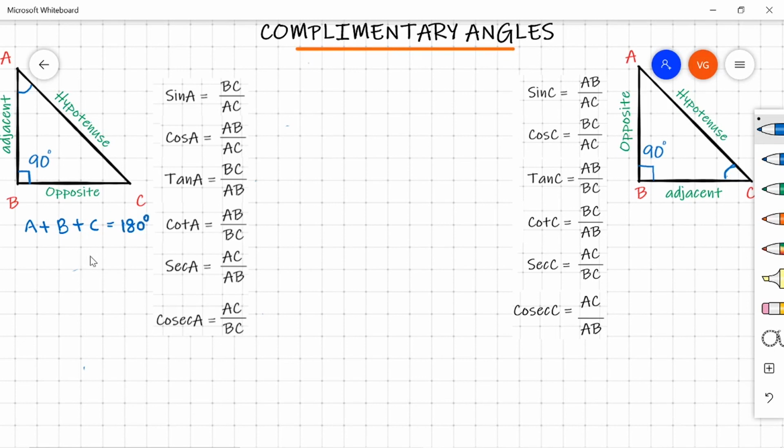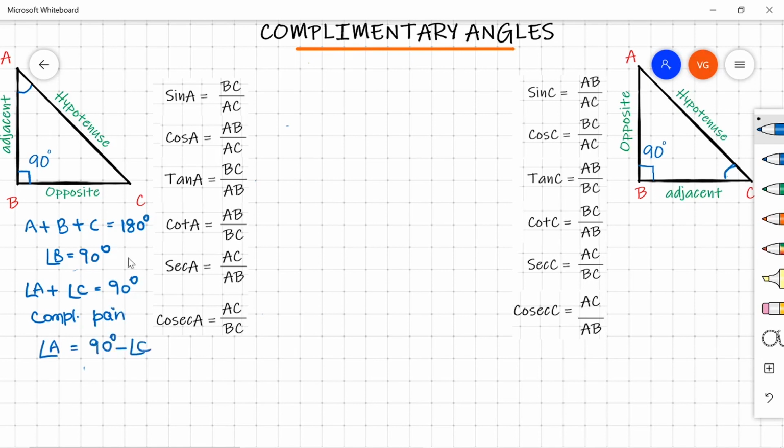And as angle B is equal to 90 degrees, angle A plus C makes another 90 degrees. So as the sum of angle A and C is 90 degrees, A and C make a complementary pair here, right? So here angle A can also be written as 90 degrees minus angle C, right?